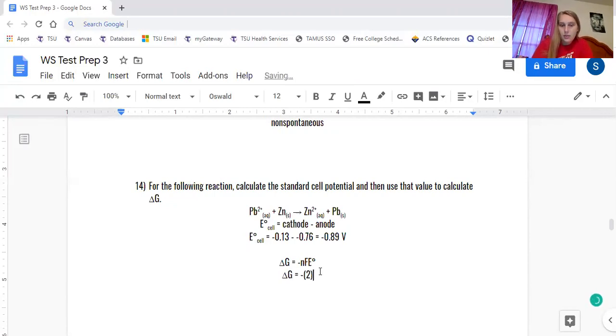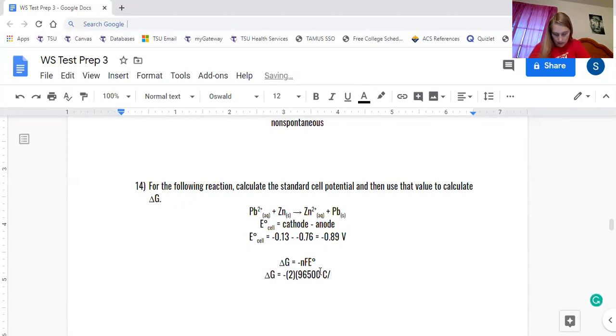Then we're going to have Faraday's constant, which is 96,500. I cannot remember what that unit is called for the life of me. I apologize.